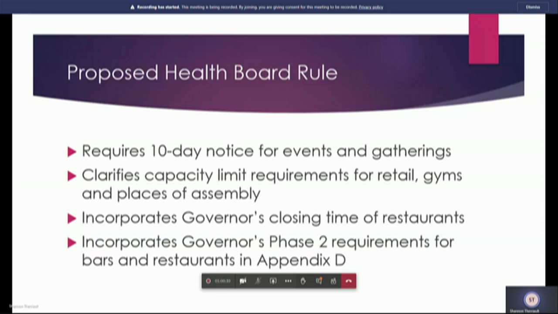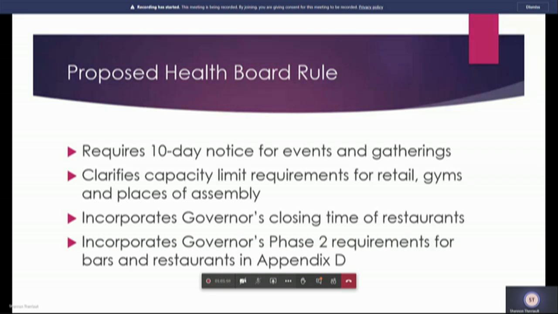We did that for bars and restaurants in this draft, but did not yet do it for the other types of businesses that the governor includes in his phase 2 directive. That's something that we intend to do for a later rule rewrite.